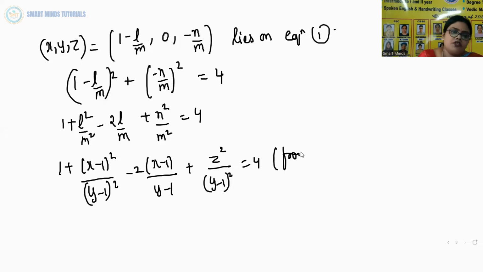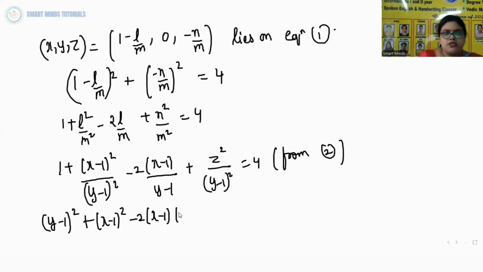That is, from equation number 2, we substituted LMN values. Now we need to take LCM. So y minus 1 whole square plus x minus 1 whole square minus 2 into x minus 1 into y minus 1 plus z square is equal to 4 into y minus 1 whole square. I took the LCM here.